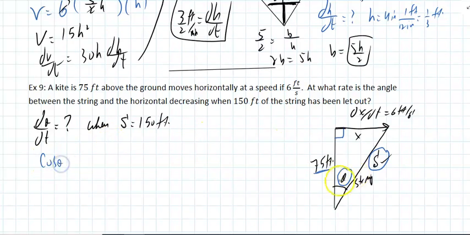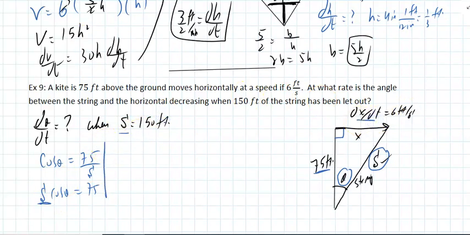Cosine of theta equals the adjacent over the hypotenuse, or s times the cosine of theta equals 75. But I have no information about dθ/dt, which is what I'm looking for. The s, I don't have information about; if I take a derivative, I'm going to have ds/dt. I don't have that. I have dx/dt.